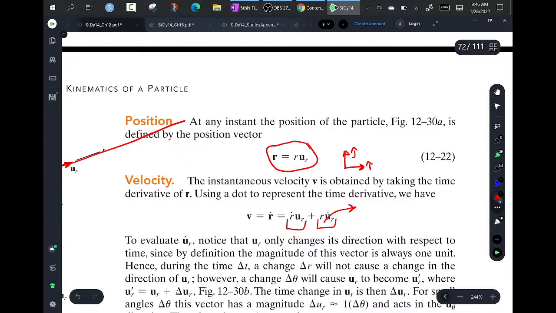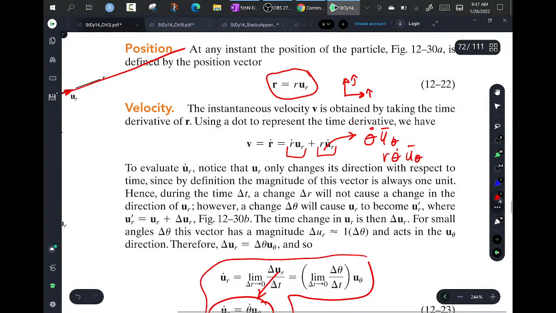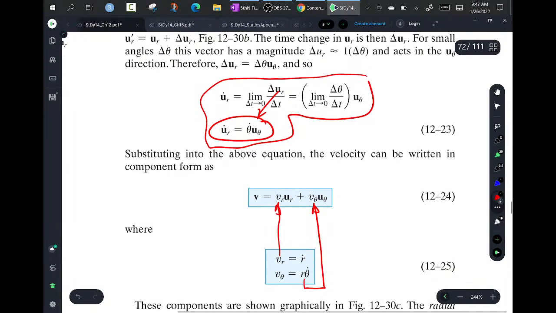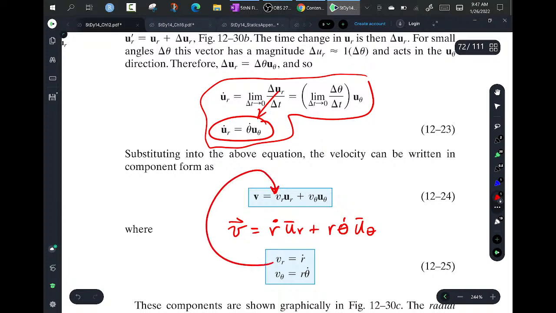Well, we realize that that's nothing more than theta dot times u theta. So this means r theta dot u theta. And so what you get down here is this extra term like this. Actually, I would prefer if he wrote another big box that had them written out. v is equal to r dot u r plus r theta dot u theta. But that's kind of what he's got, but it's better if you combine them. Anyway, the arrow here to move.